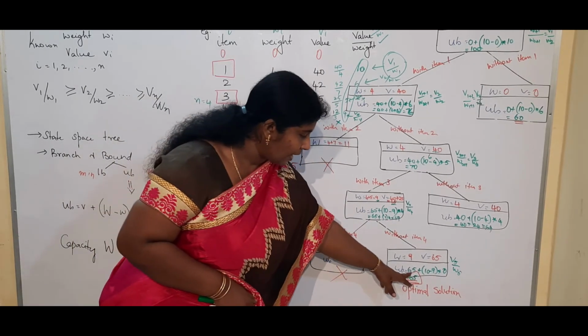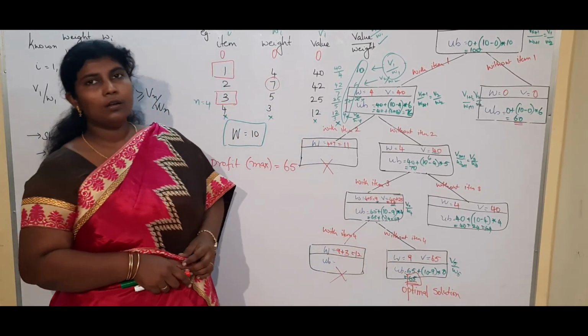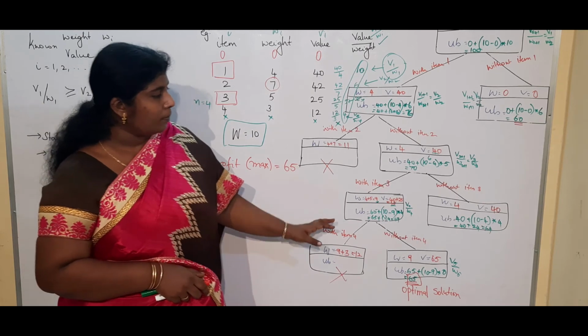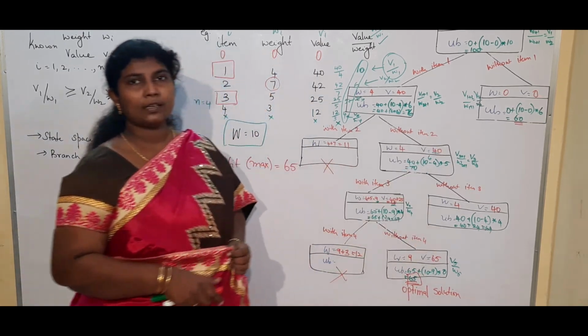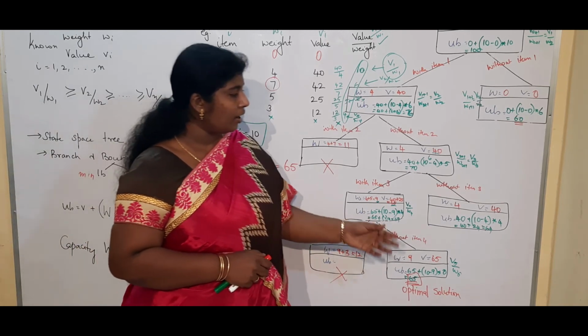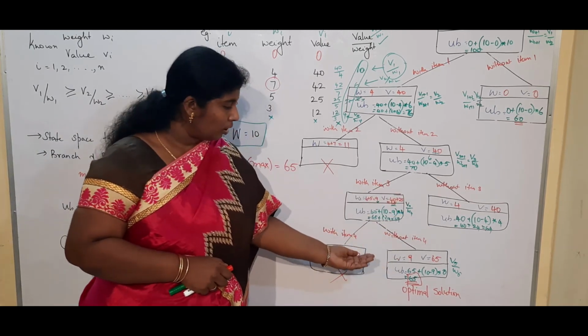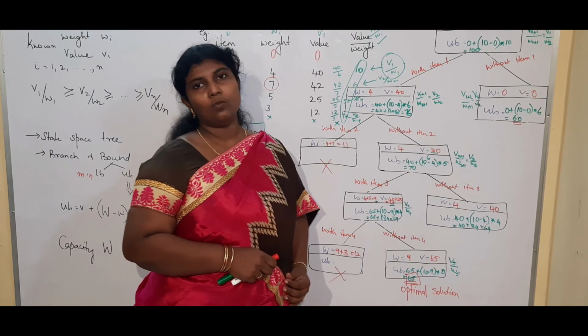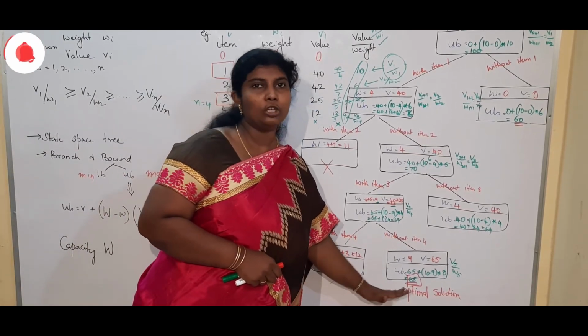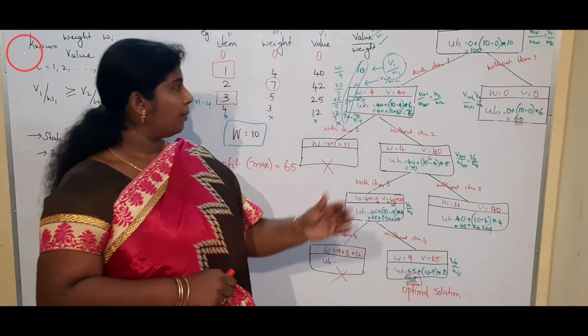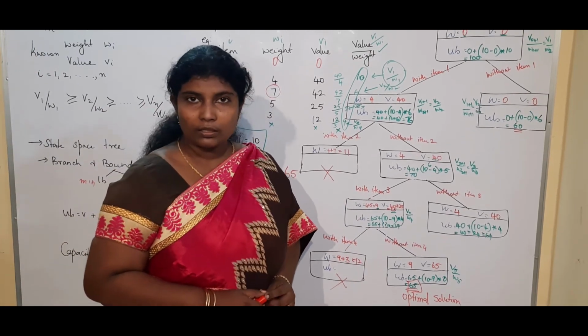So the actual value is going to be the upper bound. Okay, so comparing this value with the other values which are present, though the predictions are there, the actual value is more than the predicted value. So we conclude that this is the optimal solution of all the parts. So this is the concept.